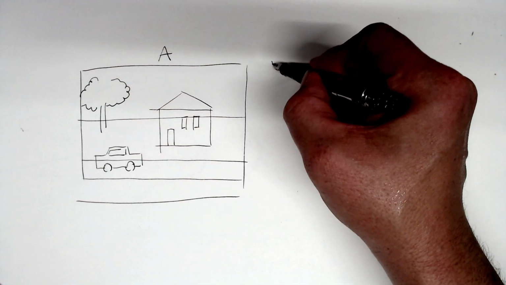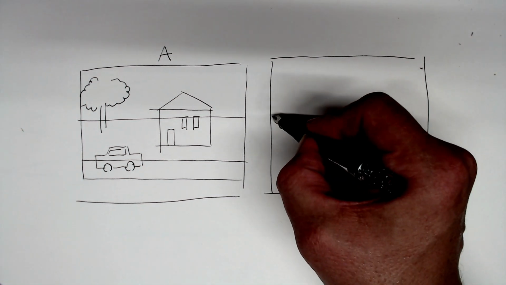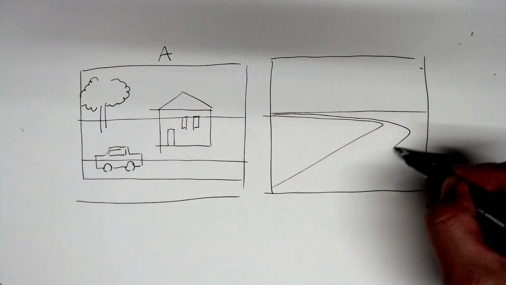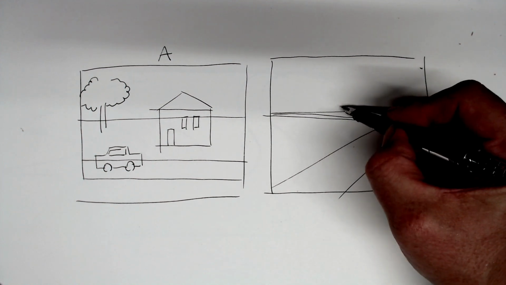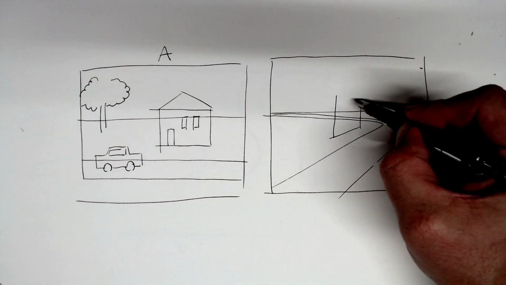In option B, I have exactly the same subject, except now I have a field, and the road zigzags like this. And now the house, as opposed to being straight on, looks like this.